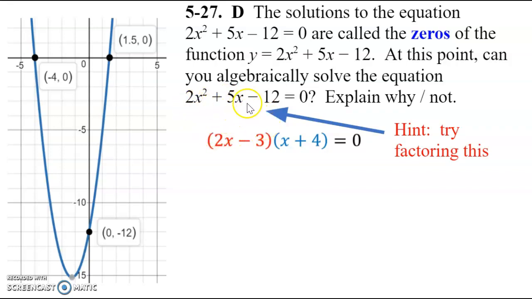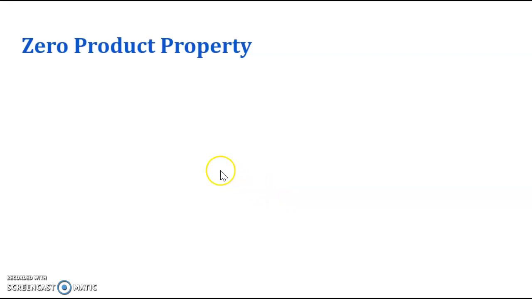But anyway, once you've factored, you should get this. So you are told that (2x minus 3) times (x plus 4) is equal to 0. So what are we supposed to do now? Well, that's where we come to the zero product property. To explain this, I am going to continue in our next lesson recording.